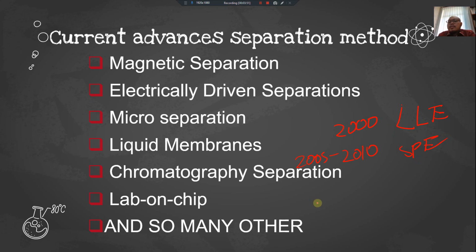In recent years, they love to use SPME. Why is that? Because they improve from the previous version. LLE uses a lot of solvent. SPE minimizes the amount of solvent. SPME uses very minimum solvent, but of course SPME is much more expensive.